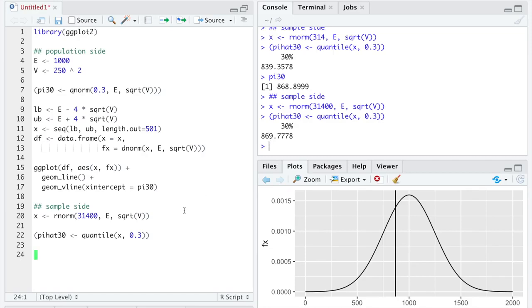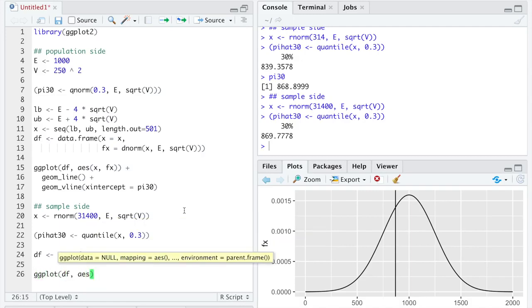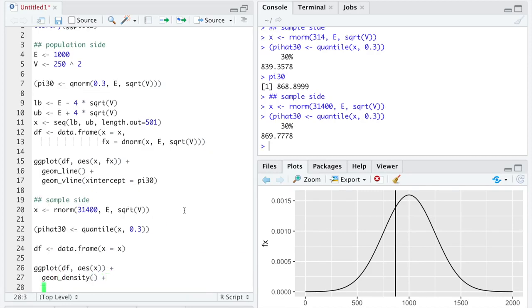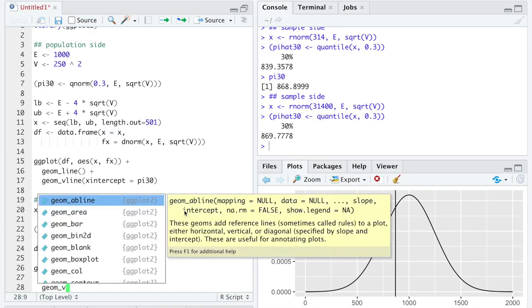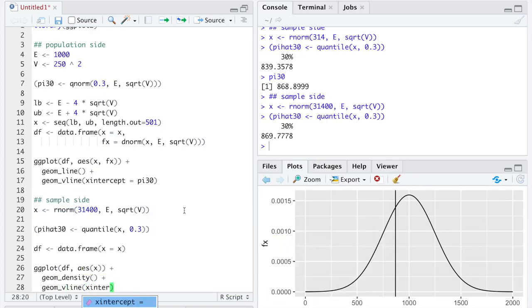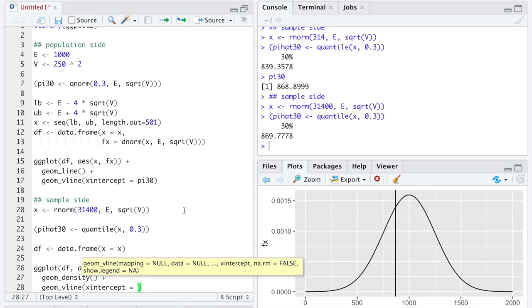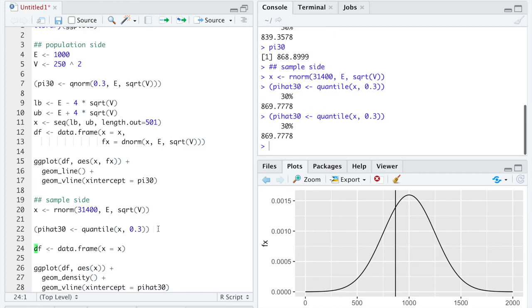Now, if you just want to check out what this would all look like on the sample side, we could similarly estimate all of these population parameters using our sample of, now with the increased sample size, 31,400 observations, estimating pi 30 with the estimate pi hat 30.